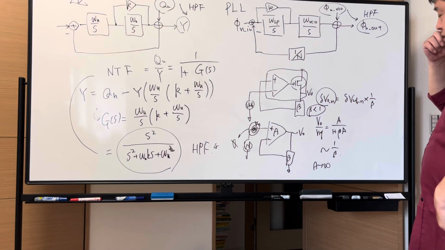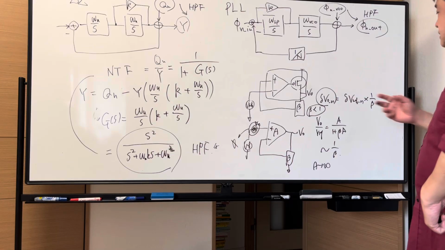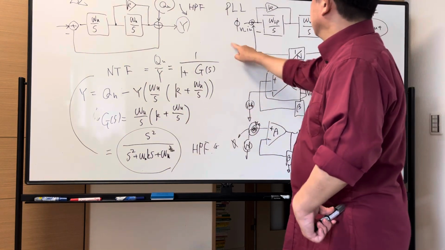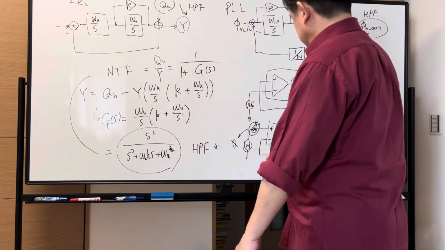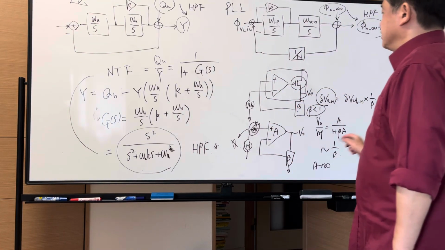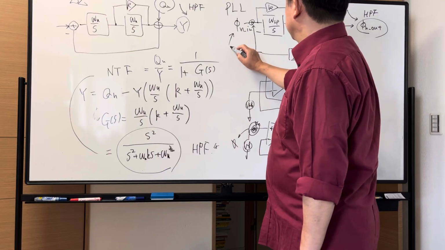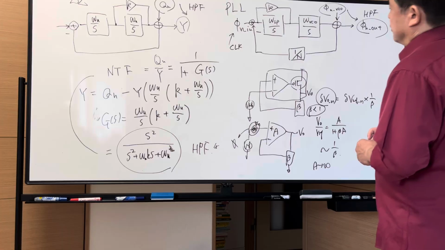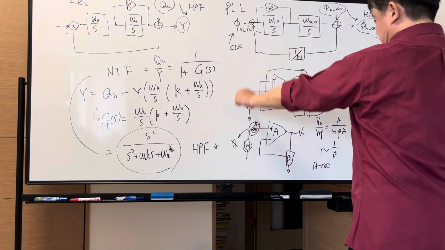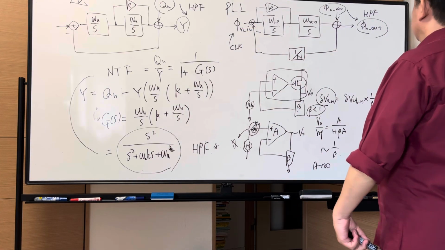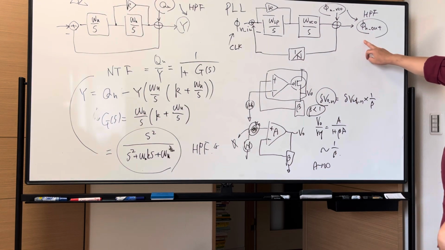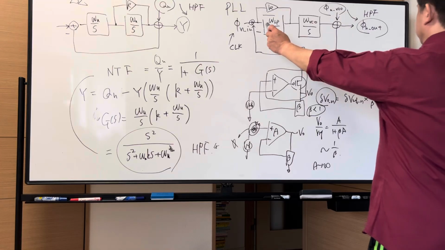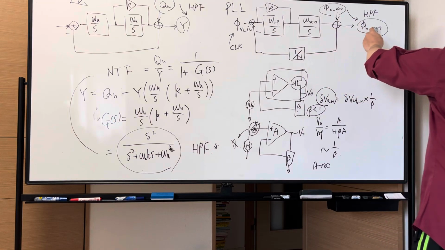So we need the smallest noise voltage reference here. And likewise, the same logic applies for a reference clock having phase noise. If the phase noise is negligible, very small, the high pass filter can suppress the phase noise from the input, because this is a high pass filter.